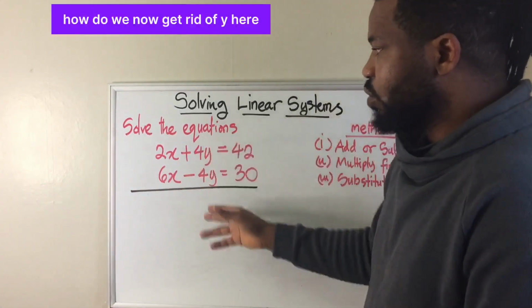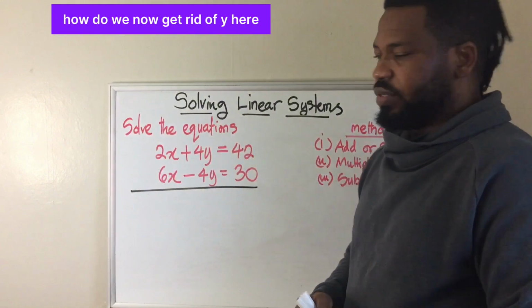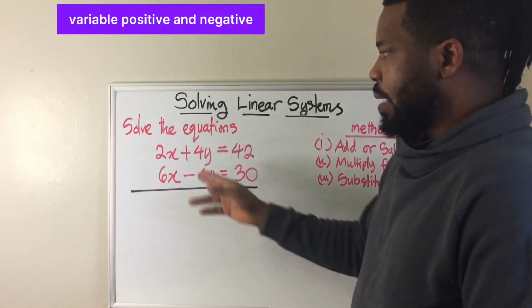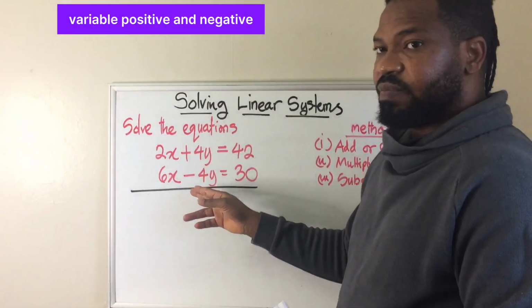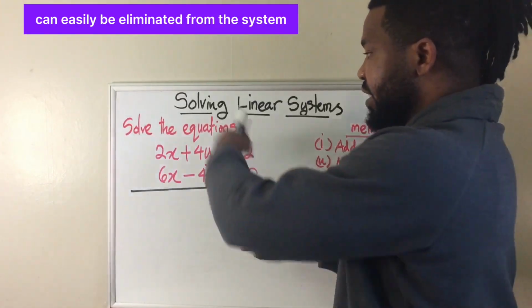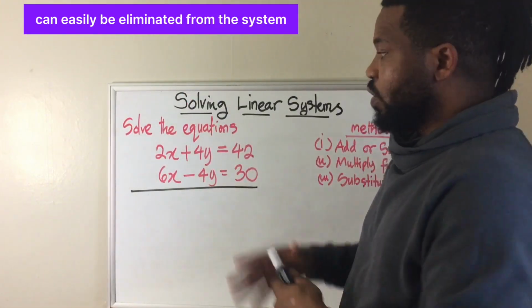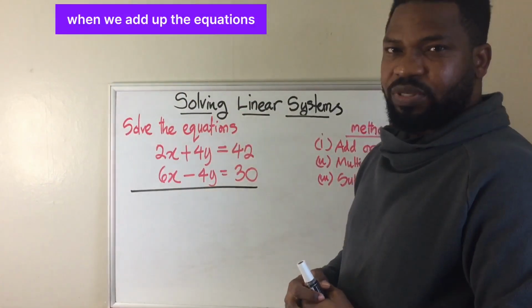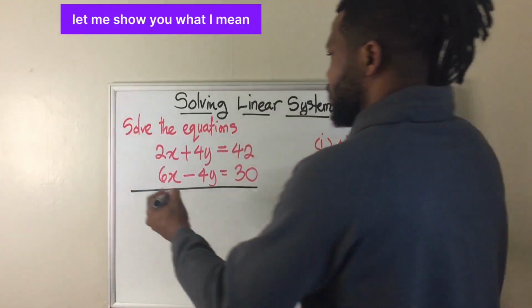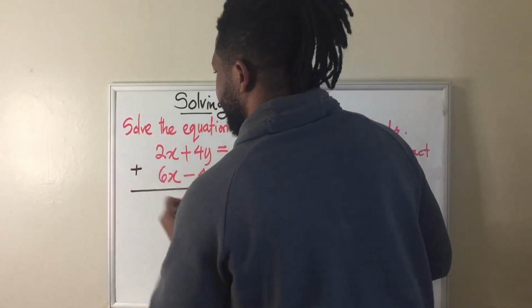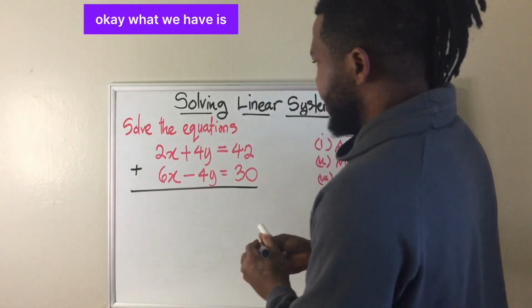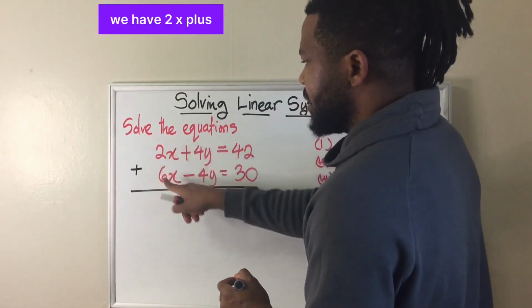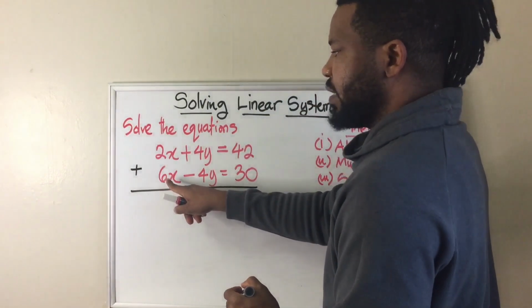In this case, how do we now get rid of y here? If you observe very well, positive and negative can easily be eliminated from the system when we add up the equations. Let me show you what I mean. When we add up here, what we have is 2x plus 6x.